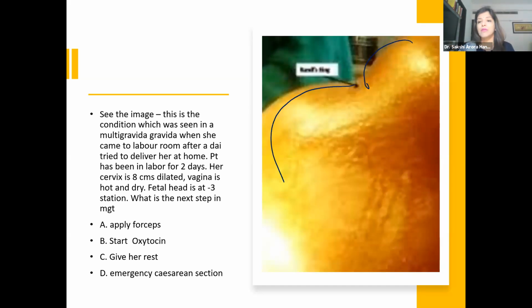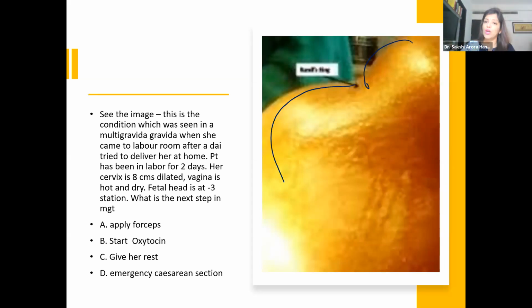The lower uterine segment is formed by the isthmus of the uterus. The isthmus is the lowermost part of the uterus, which is just 0.5 centimeter in a non-pregnant female. And during pregnancy, this 0.5 centimeter of isthmus enlarges and becomes the lower uterine segment.